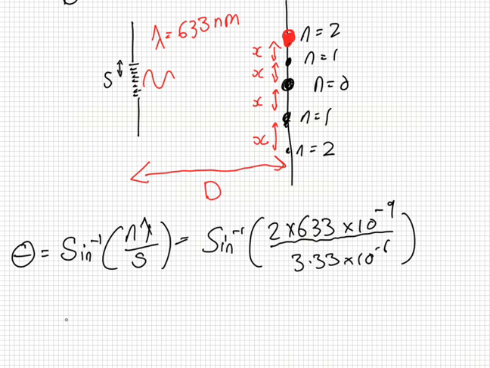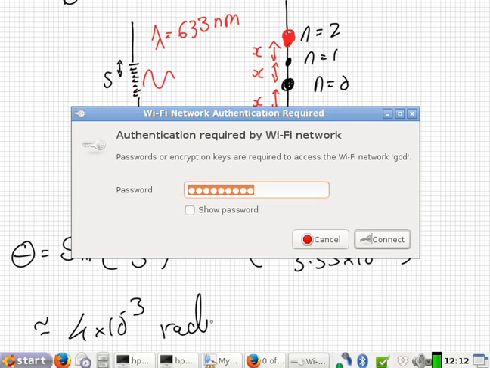That can be cleaned up as sine inverse. I don't have a calculator, but it should be roughly equal to 4 times 10 to the minus 3. You should get something like this in radians.